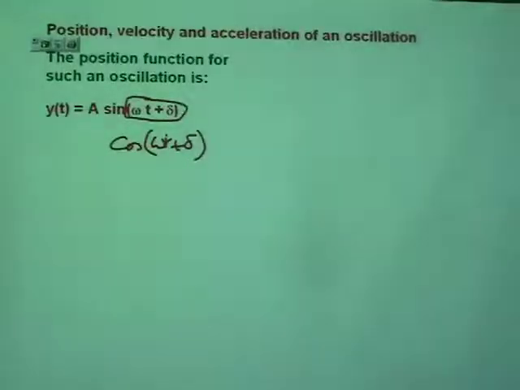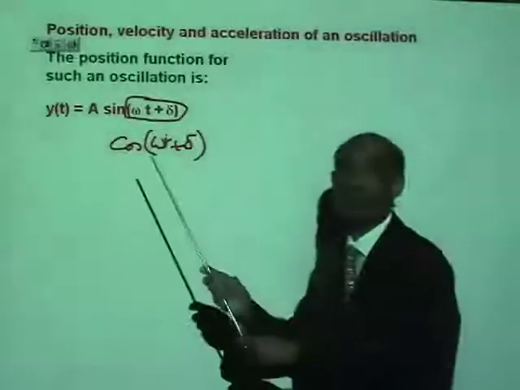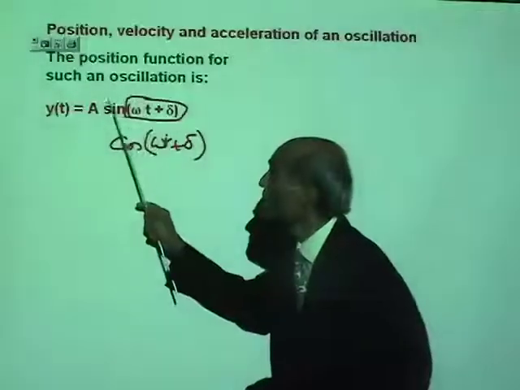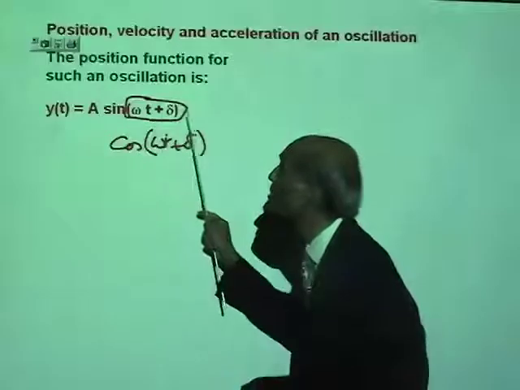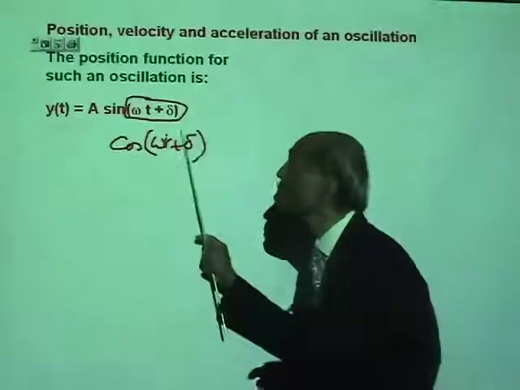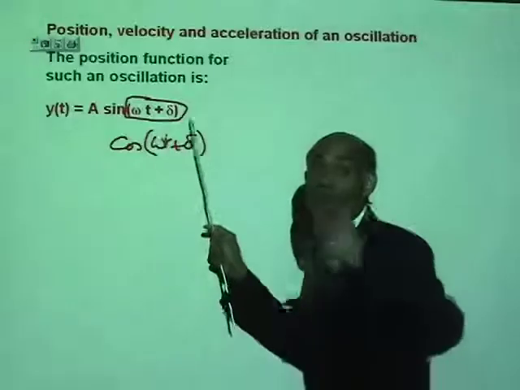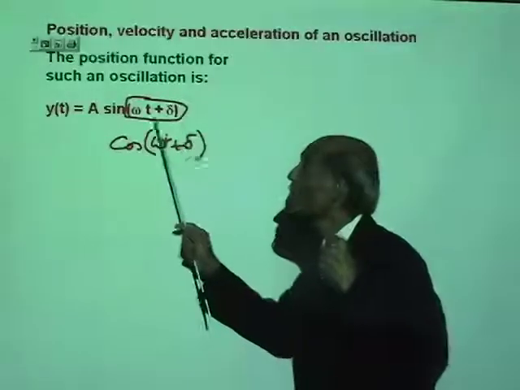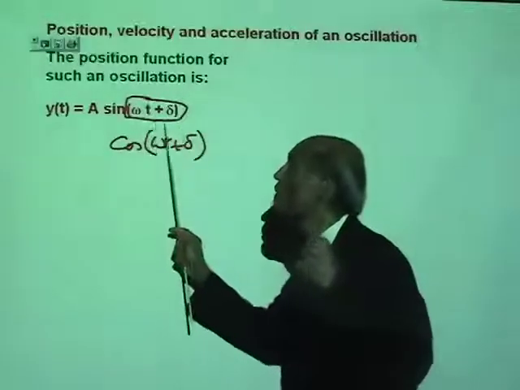Now listen to me carefully: the derivative of a sine quantity is cosine of the same quantity, and you've got to now multiply that with the derivative of this quantity.